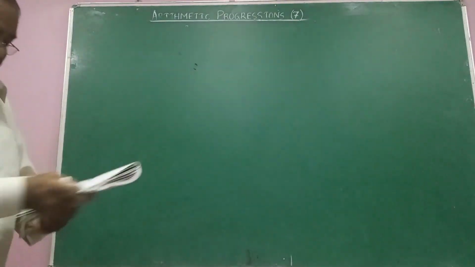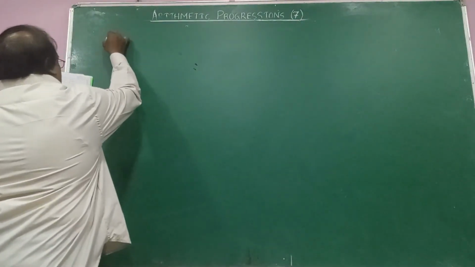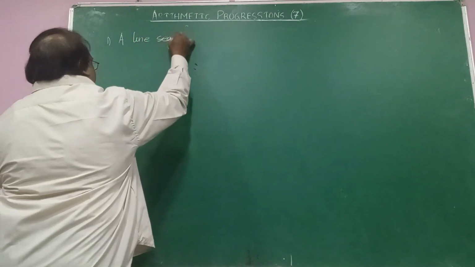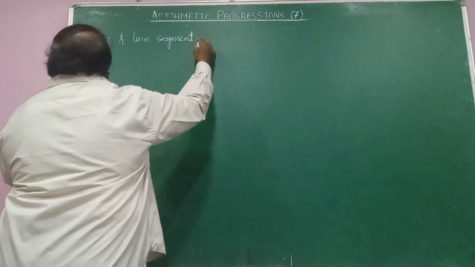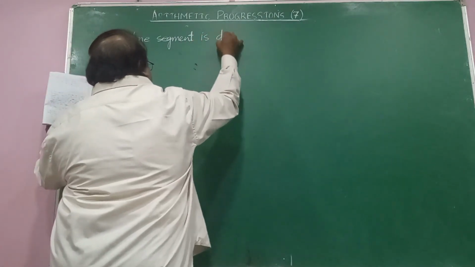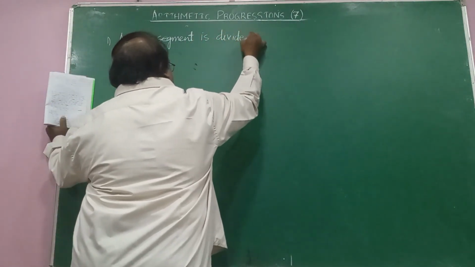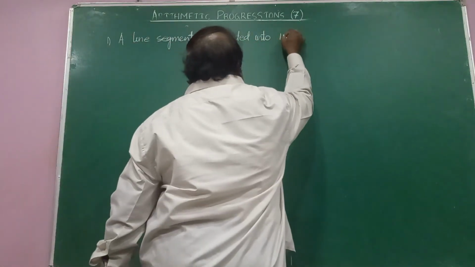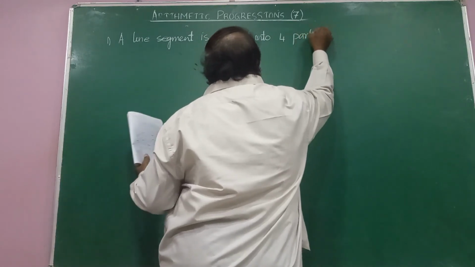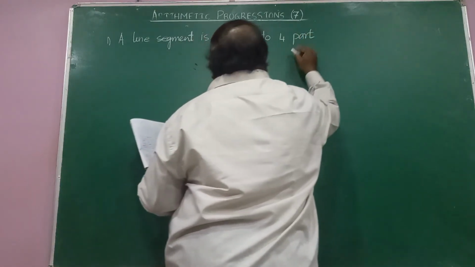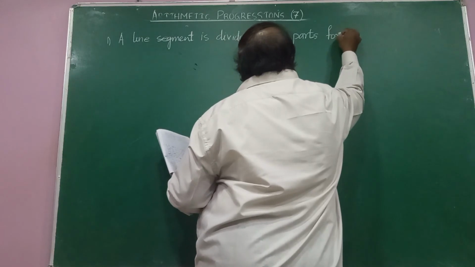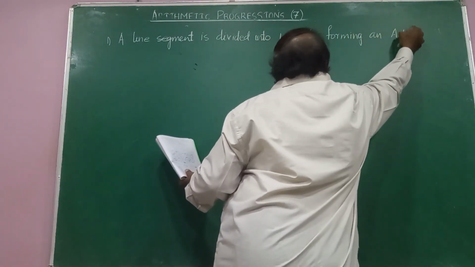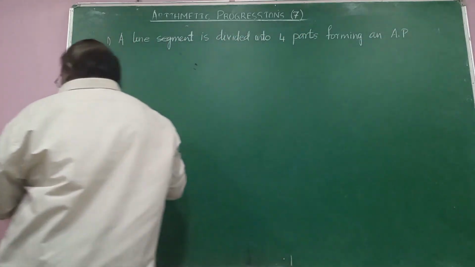First sum for homework: a line segment is divided into four parts, forming an AP.